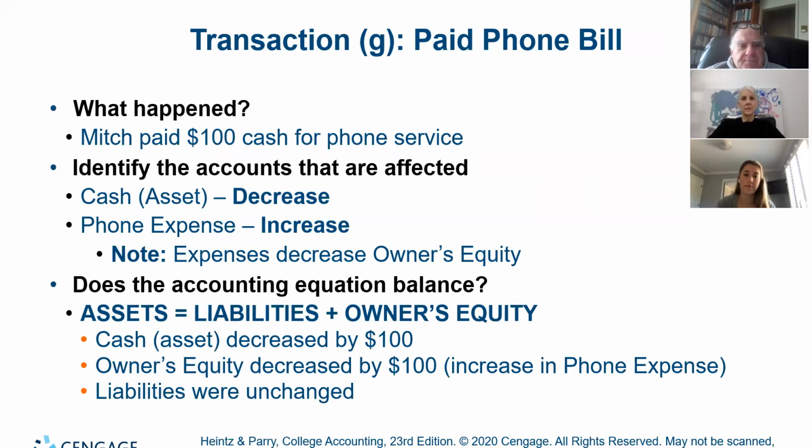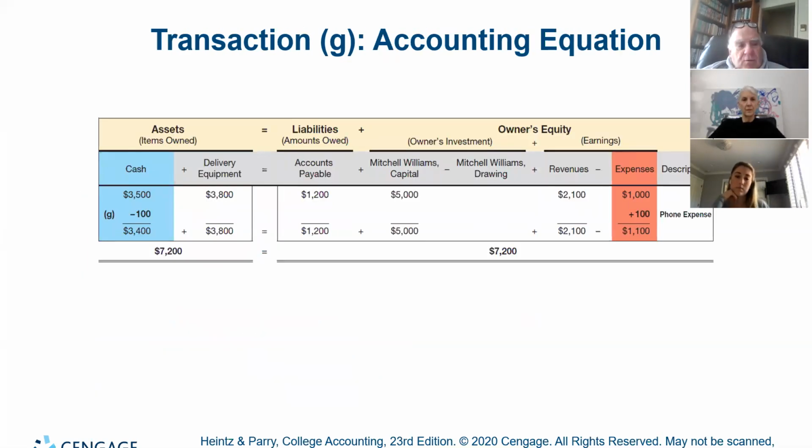Paid the phone bill. Well, the phone bill came in the mail and Mitch said, I'll just pay for it right now. It's only $100. So what happened? What's affected? Cash and phone expense. Cash goes down, that expense increases. Are we still in balance? I believe we will be. Here we go.